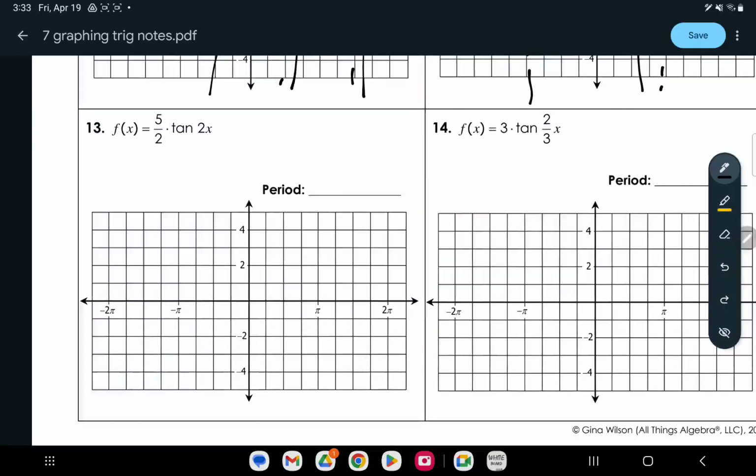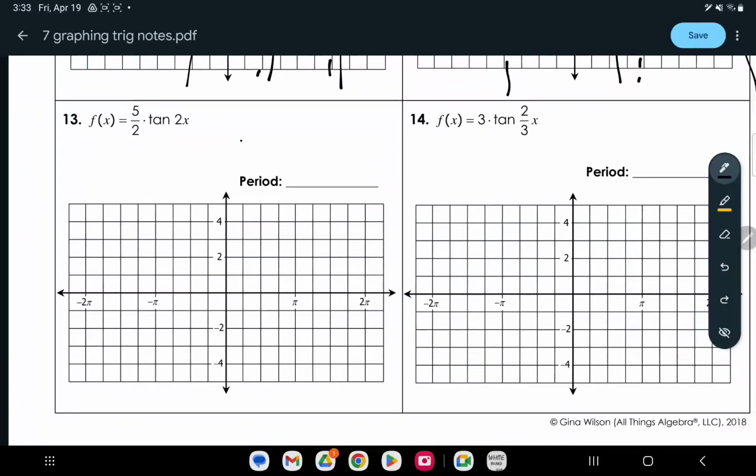Alright, last 2. Alright, so period is pi over 2. It's going to repeat every pi over 2. Pi over 2. Pi over 2. Right.